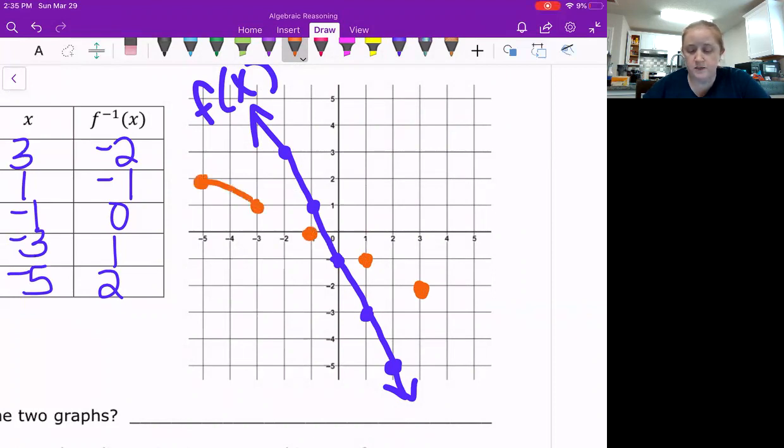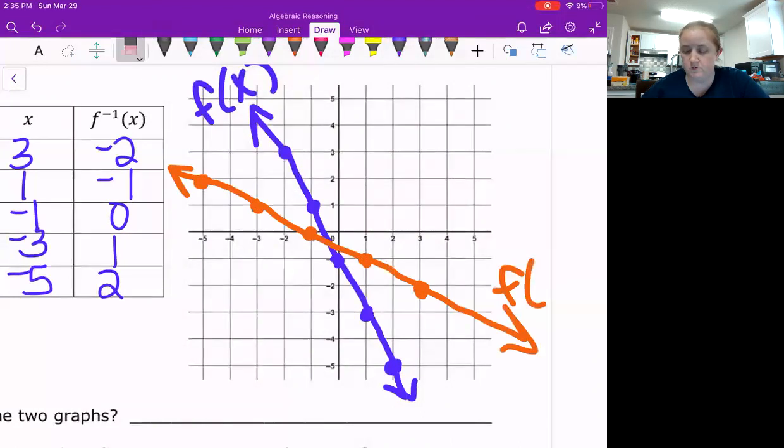So here is f inverse of x. We want to see if we can find a relationship about those two graphs.